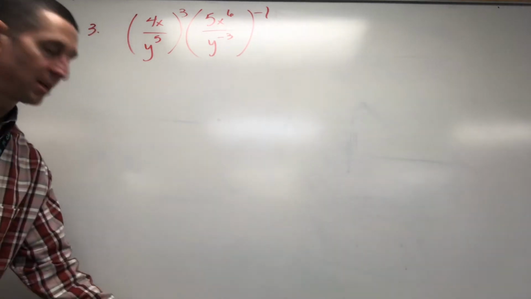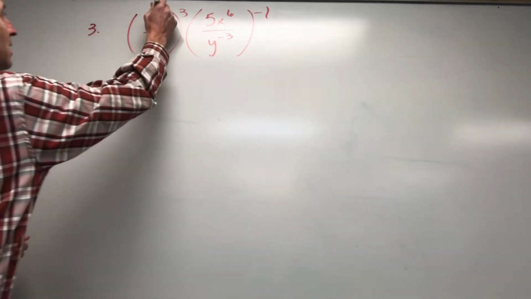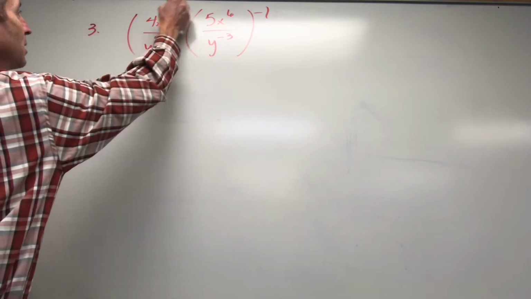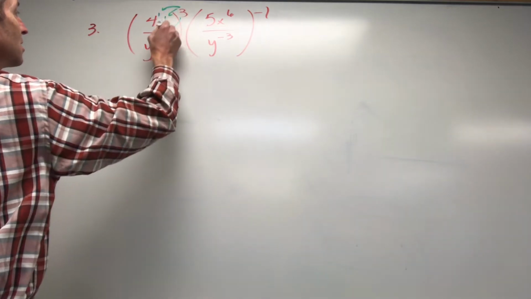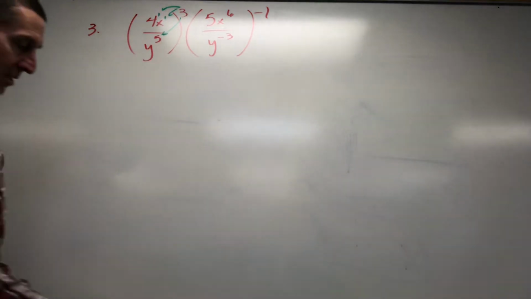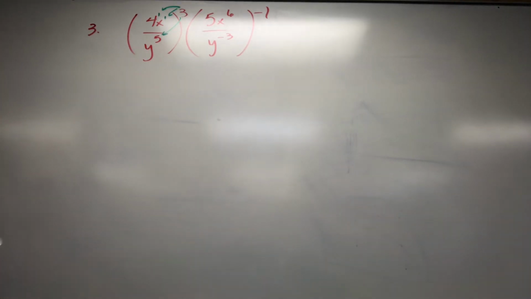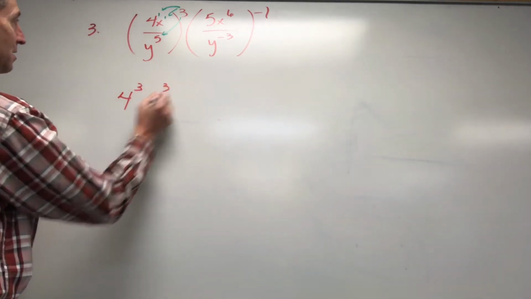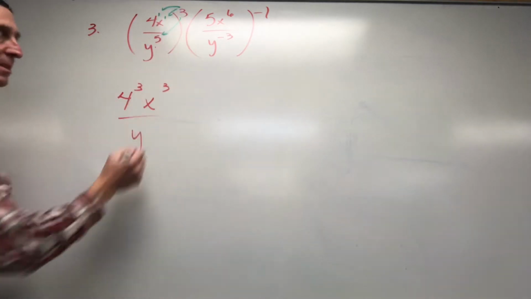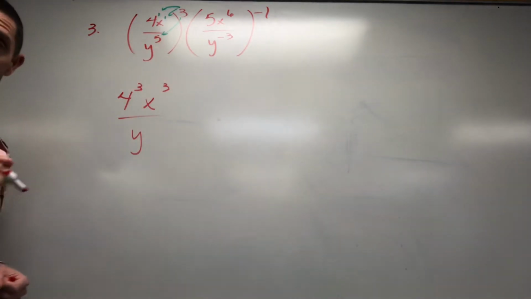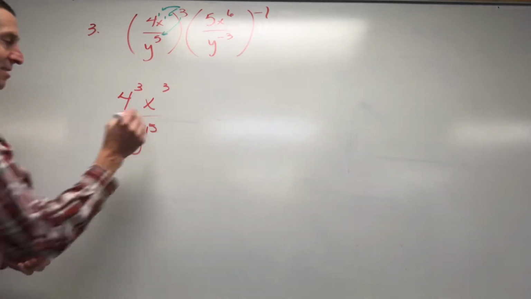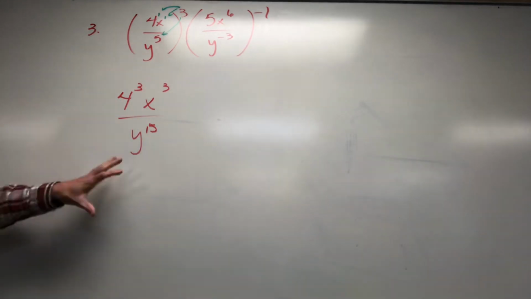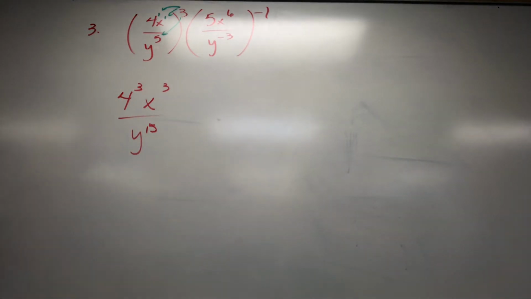All right, think about this. You've got first power, fifth power. So that 3 is going to get everything. So you're going to end up with 4 to the third, x to the third, y to the 5 times 3. So 5 times 3, 15. Boom. So there's my first one, all looking good.